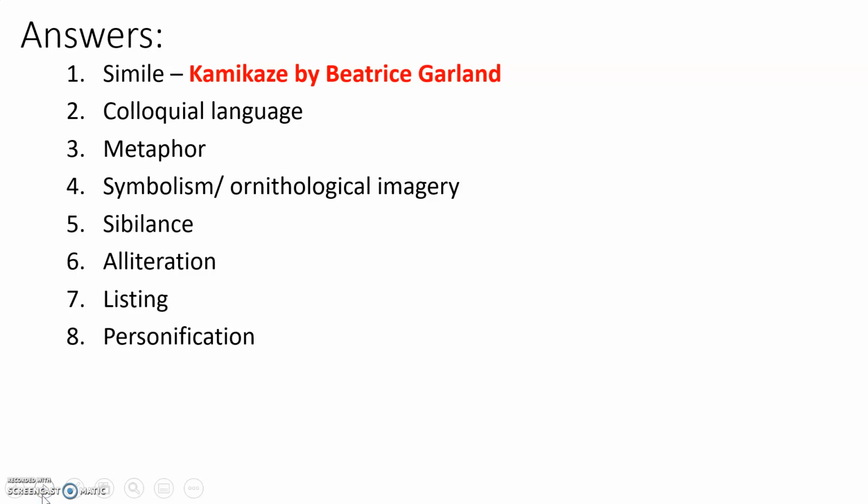Number 8 was an example of personification, giving human characteristics to emphasise the danger and threat of the cold weather. And number 9, the answer was anaphora, that repeated phrase at the beginning of successive sentences.